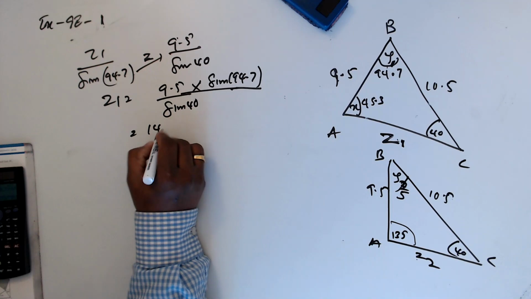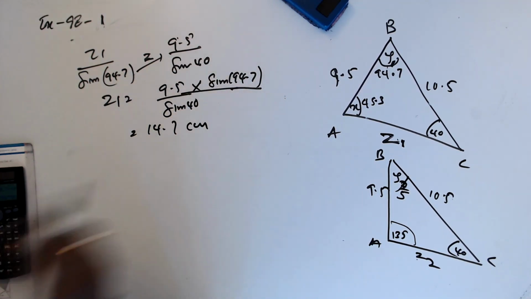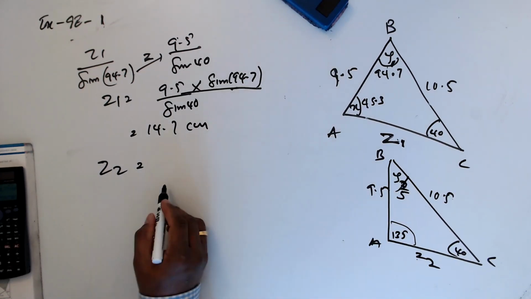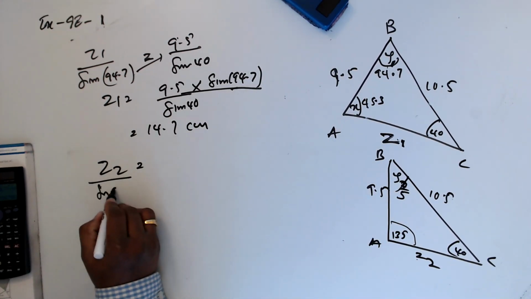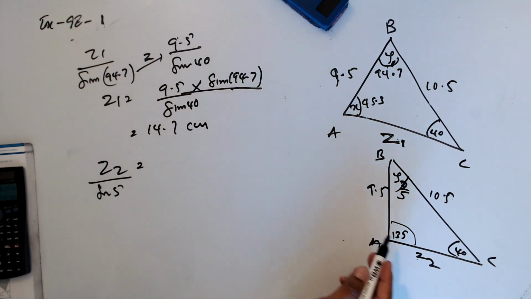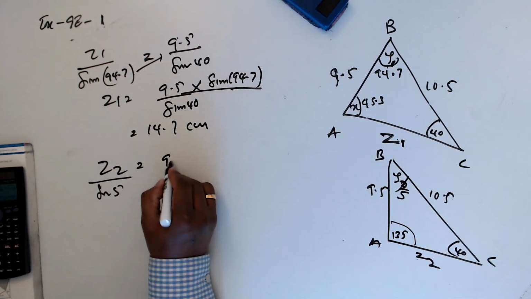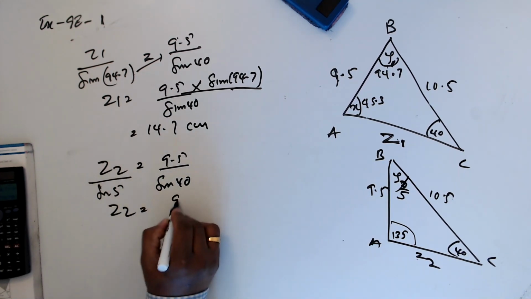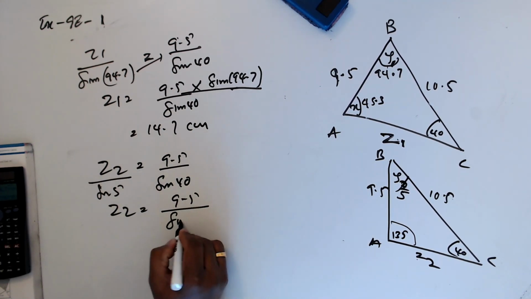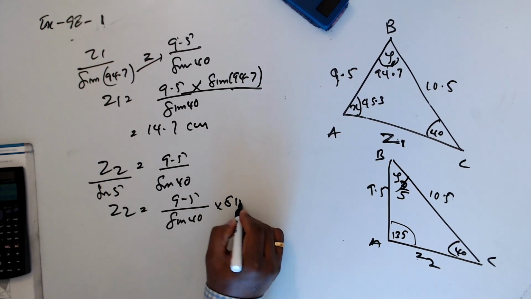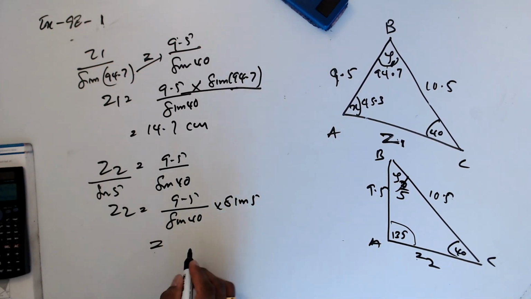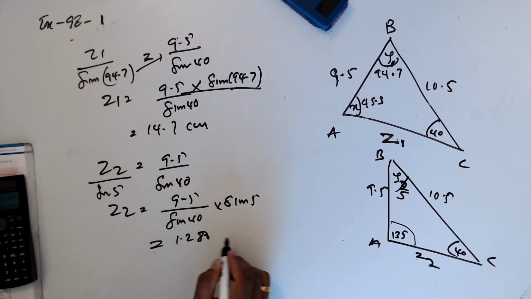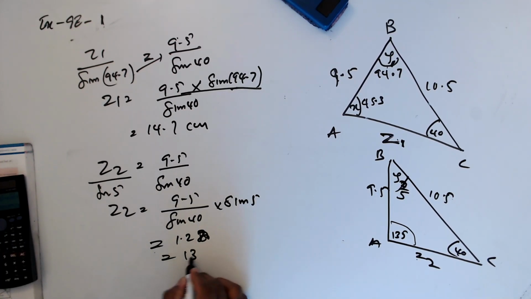This is 14.7 cm. Then 2 over sine 5 equals 9.5 over sine 40. So 2 equals 9.5 over sine 40 times sine 5. So this is going to be 1.288, let's say 1.3.